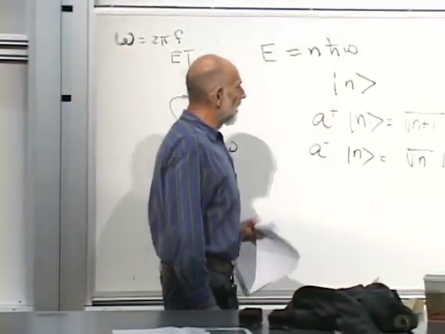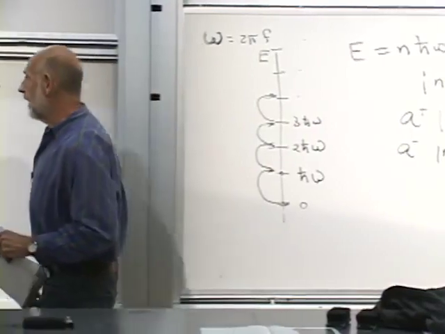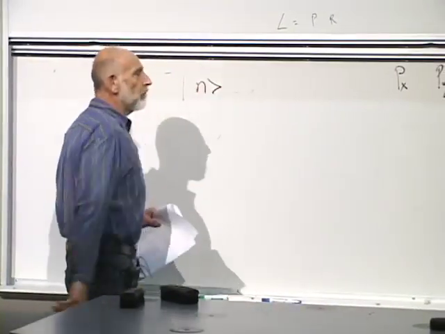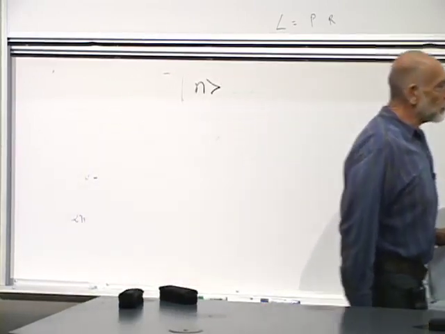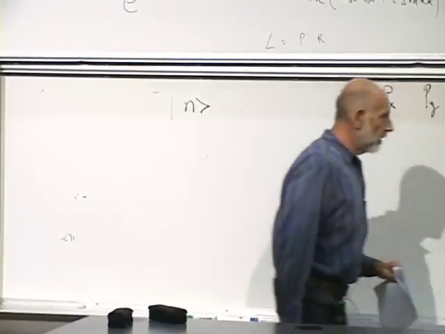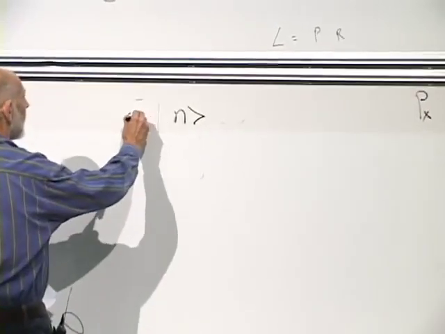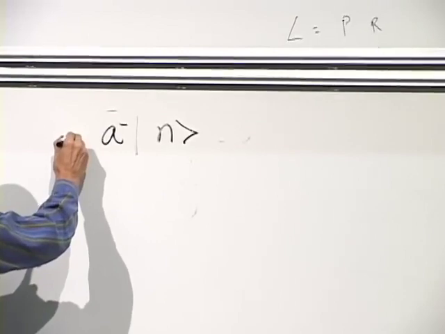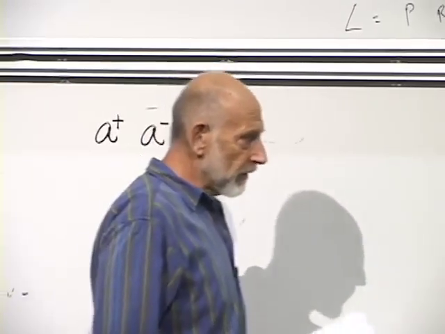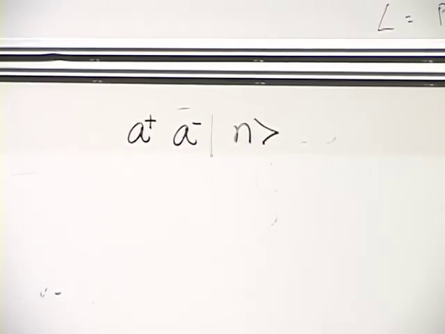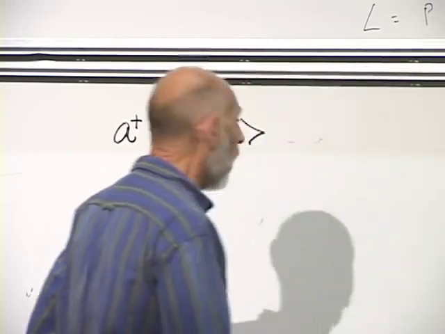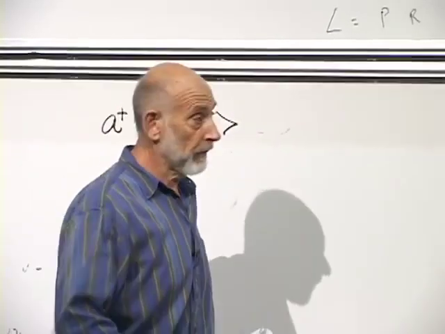Let's see what happens if we take the state n and multiply it first by a minus and then by a plus. In other words, let's hit it with a minus and then a plus. What do we get? Okay. All we do is follow the rules. All right, so first of all, one important thing.